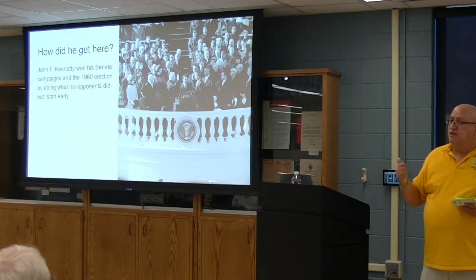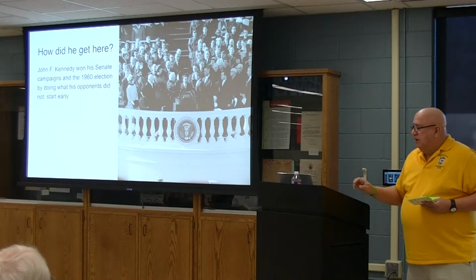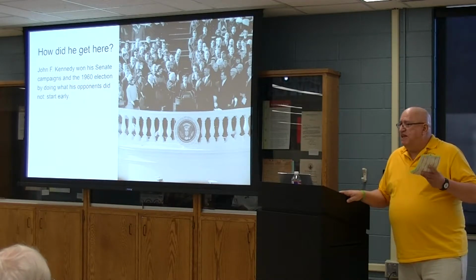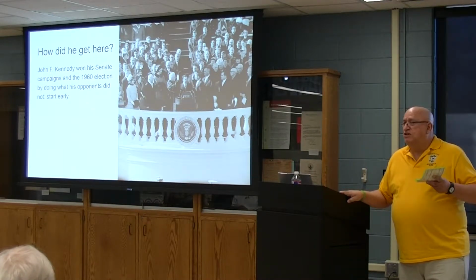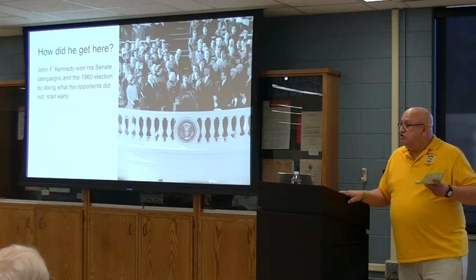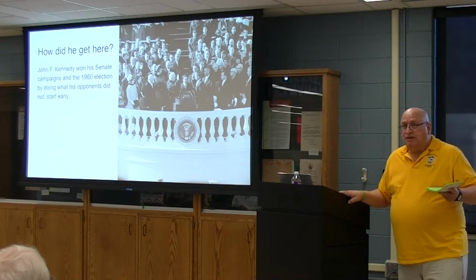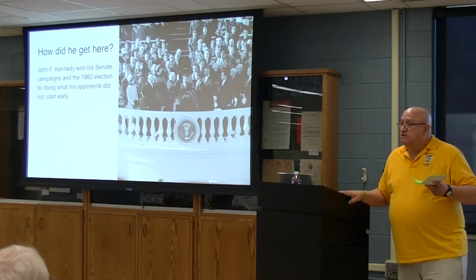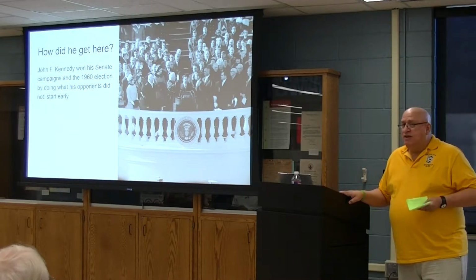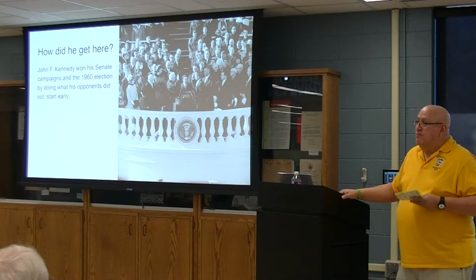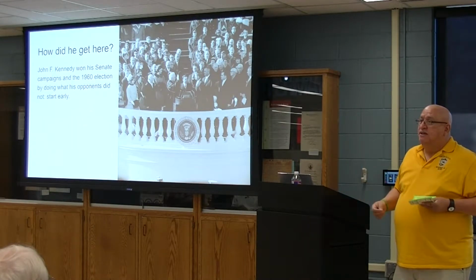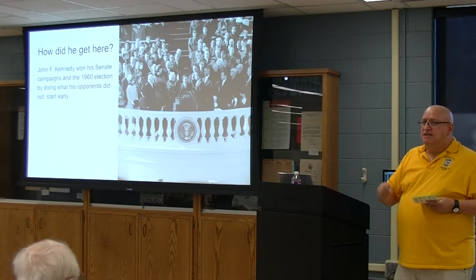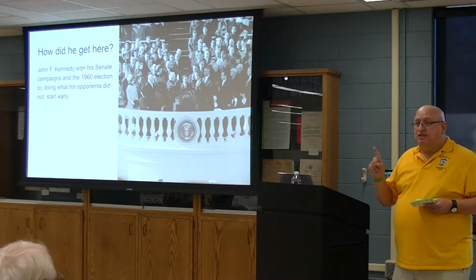What happened in 1955 was Lyndon Baines Johnson, the Senate Majority Leader, had a heart attack in July. He's a Democrat. The Republican President, Dwight Eisenhower, 10 weeks later, has a heart attack. Now, Joe Kennedy, the patriarch of the Kennedy family, sees these two heart attacks and he smells opportunity.